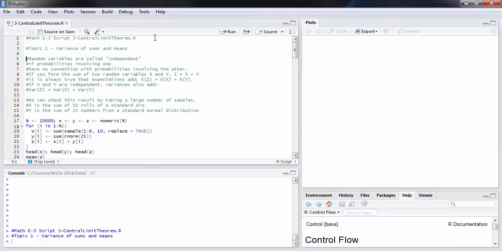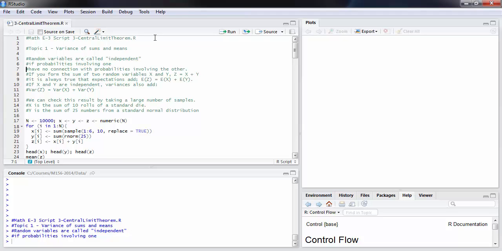To start, I want you to think about the variance of sums and means of random variables, particularly of what are called independent random variables, cases where the probability involving one of those random variables has no connection with probabilities involving the other one.